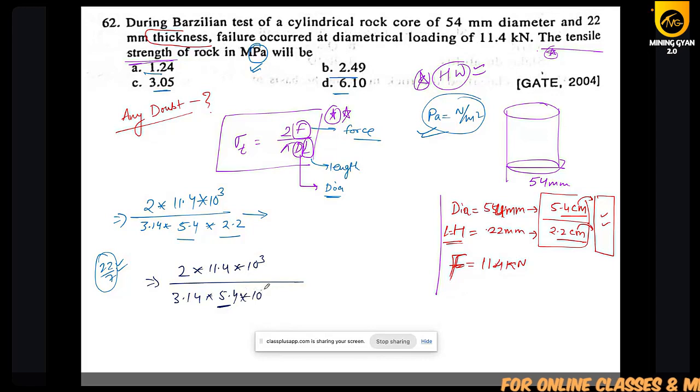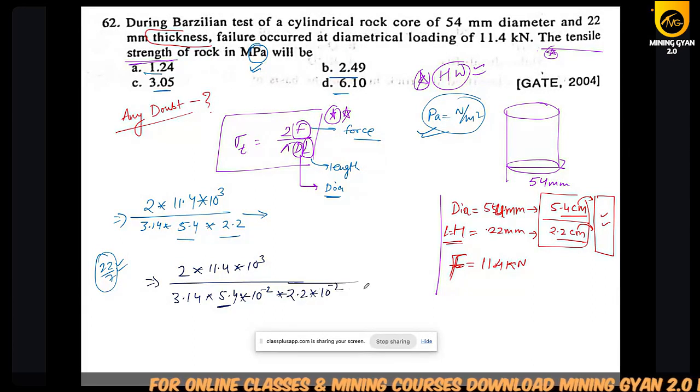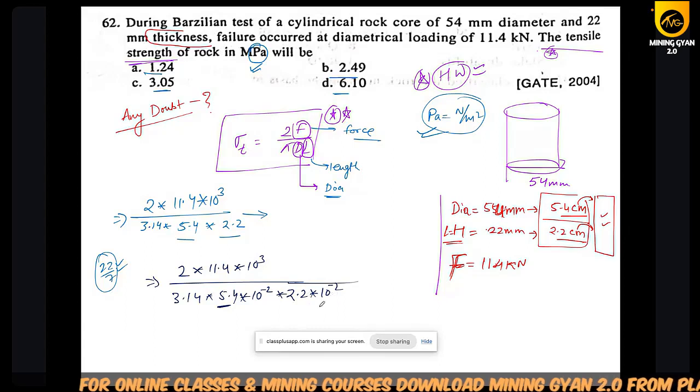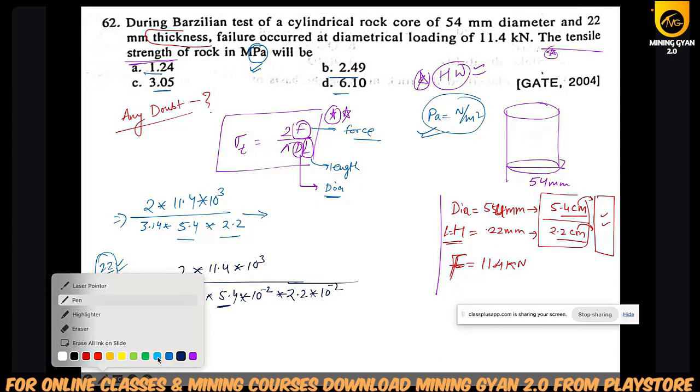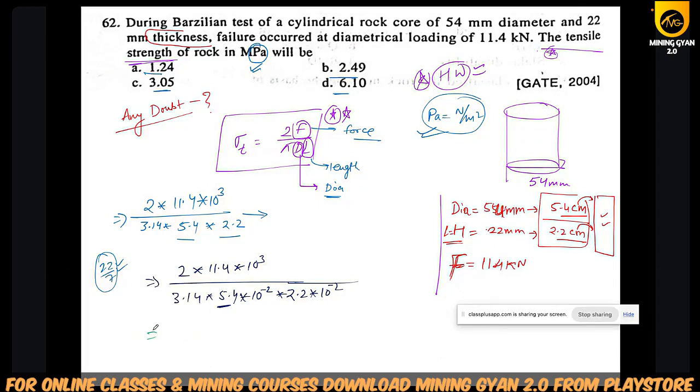If you want to convert into meter, you will multiply by 10 to power minus 2. And if you want to convert 2.2 into meter, it will also be multiplied by 10 to power minus 2. Now you just need to solve this calculation, and you will get your desired answer.